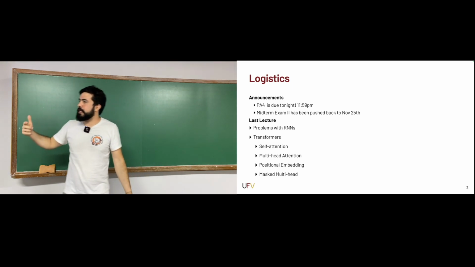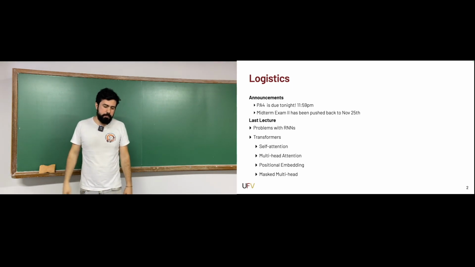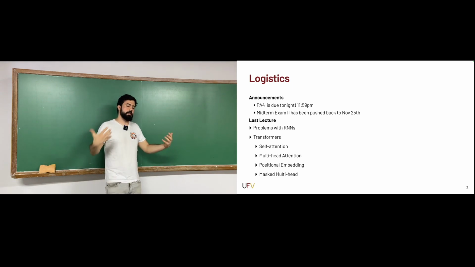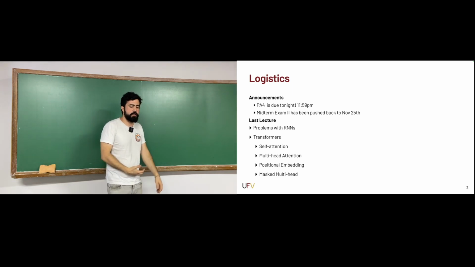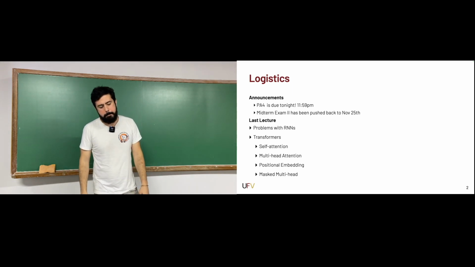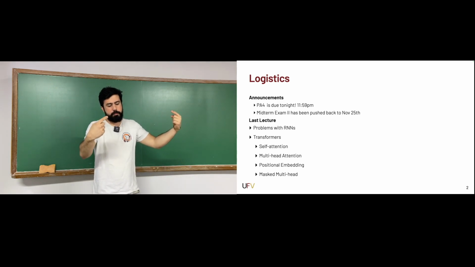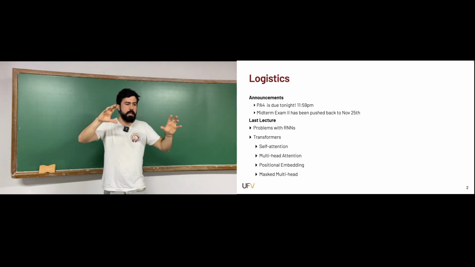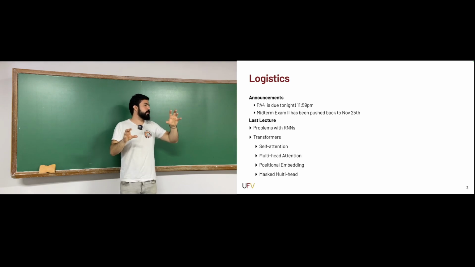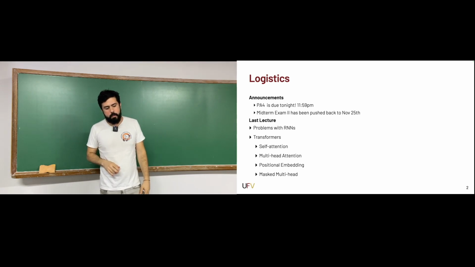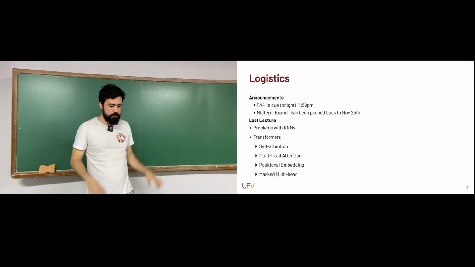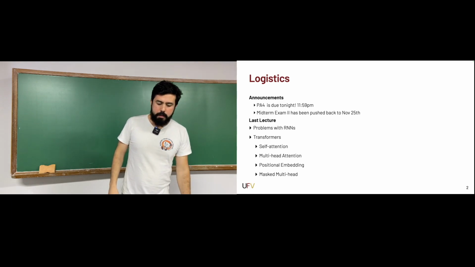But the positional embedding or the positional encoding helps by adding this position information to the words themselves before you compute attention. So the attention mechanism has to look at the positions while trying to attend to different words.